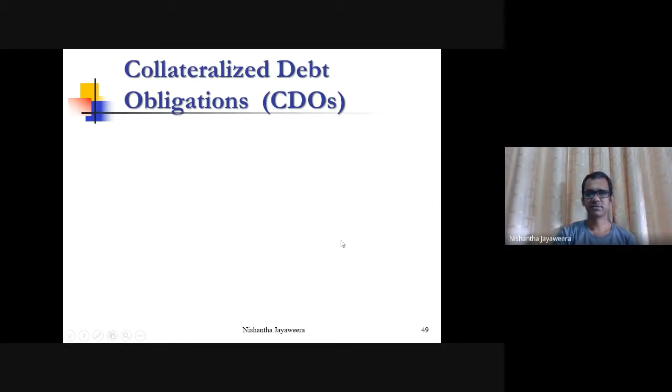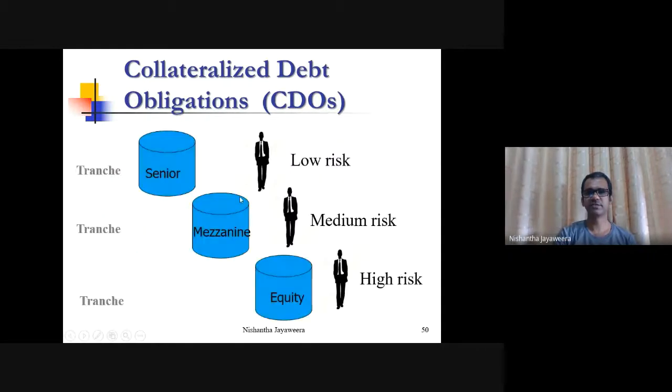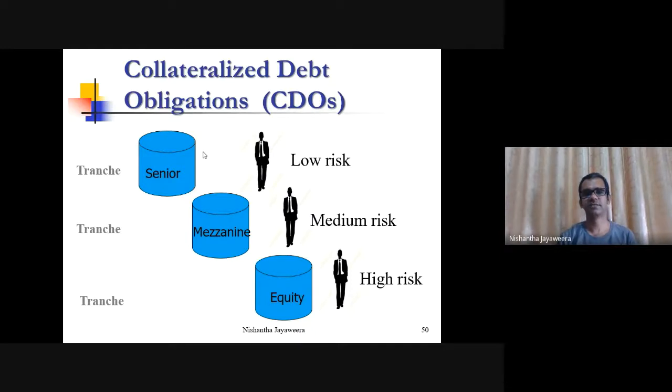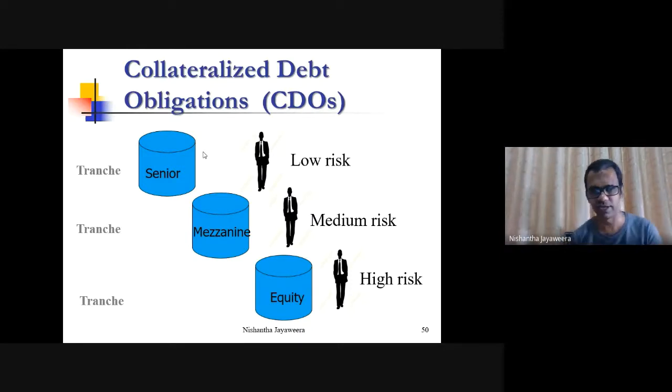But when it comes to the rating of these tranches, this can be AAA or at least AA, a highly rated tranche. How can they do that? There are a few things, depending on how they have structured this.